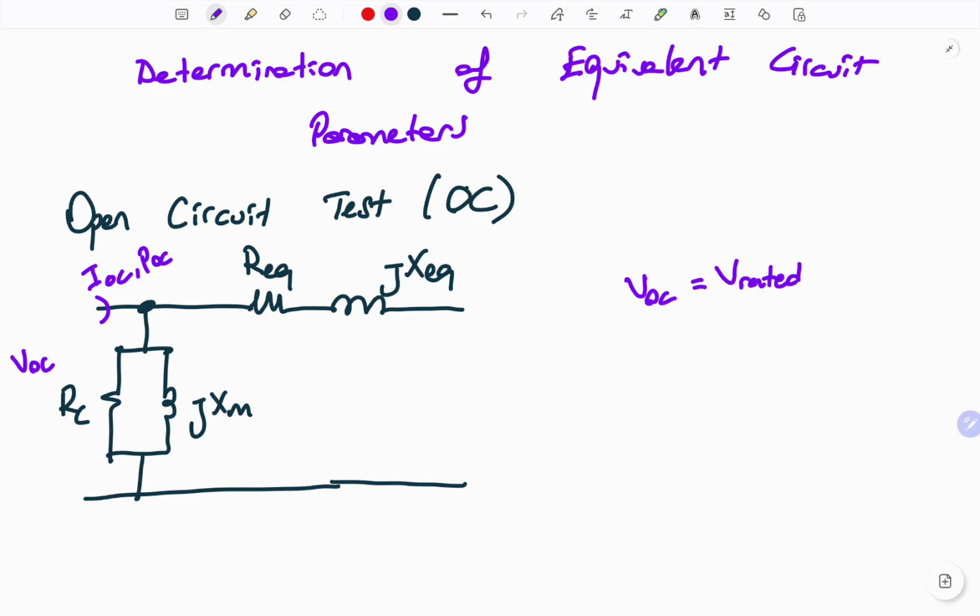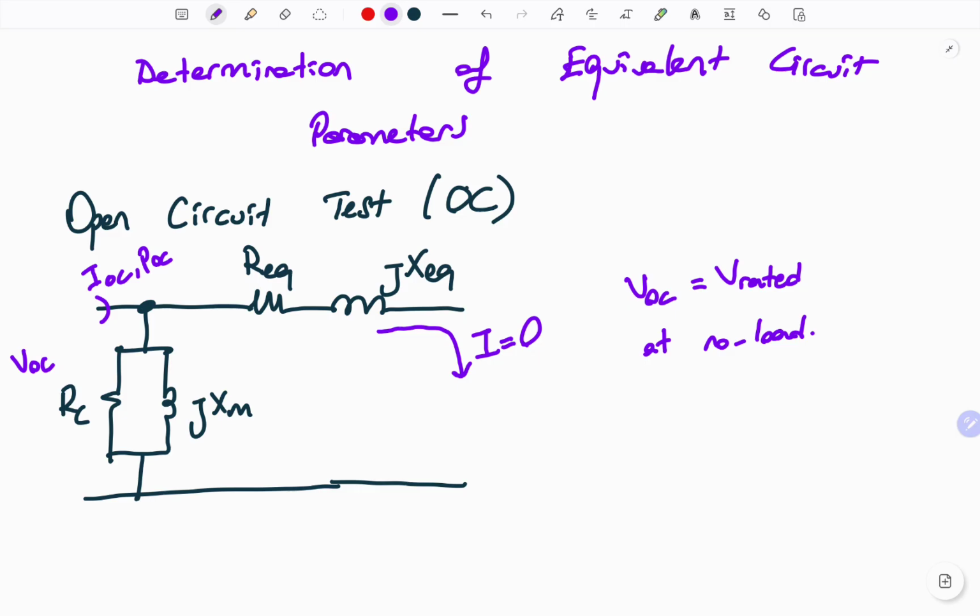And during this test, the output must be operated at no load. So the current flowing through here will be 0 because of the no load condition.